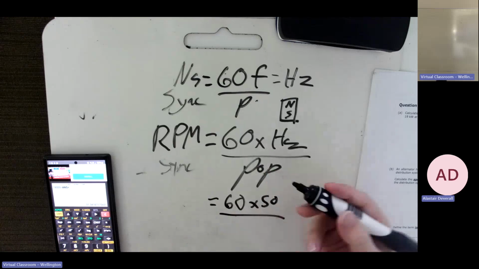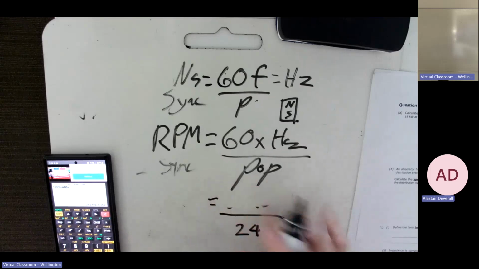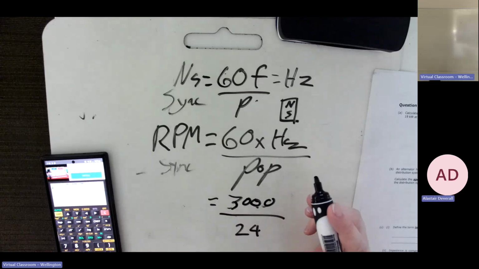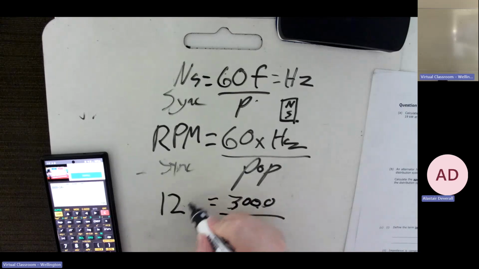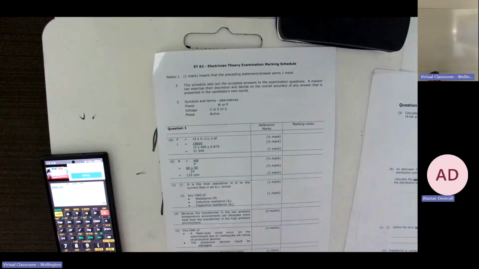We had 48 poles, so 24 pairs of poles. 60 times 50 is 3,000. Then if we do 3,000 divided by 24, we get 125. So 125 revs per minute is our answer to that one. And if we check the answer sheet, that is what it shows, 125 RPM.